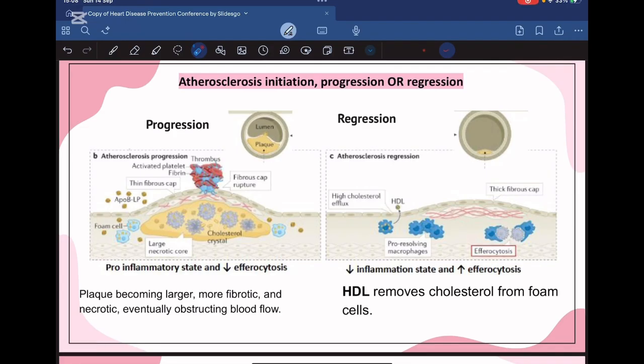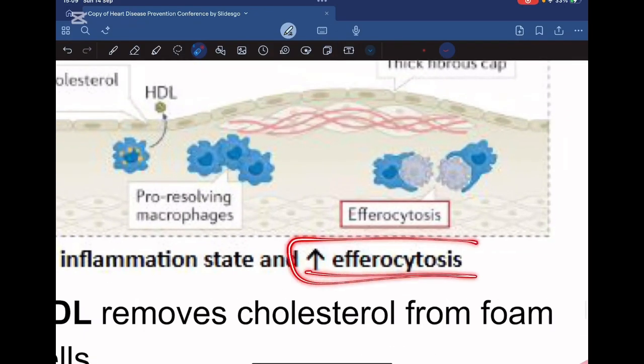فرح يكون عندها two fate يا اما رح يصير في عنا progression or regression. Either it will become bigger, the inflammation will persist, and the plaque will become larger, more fibrotic, more necrotic, and eventually it will obstruct the blood flow, or regression. How does the regression happen? Basically البطل هيكون عندنا ال HDL will start to go to the foamy cells, take the cholesterol from the foamy cells, and then eventually macrophages will start to eat cellular diapers by a thing that's called atheroscytes.